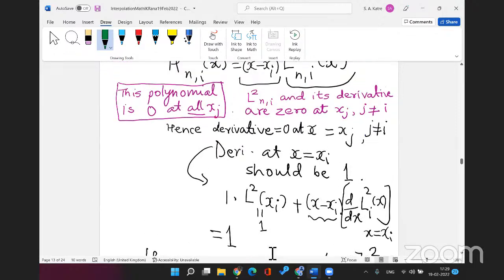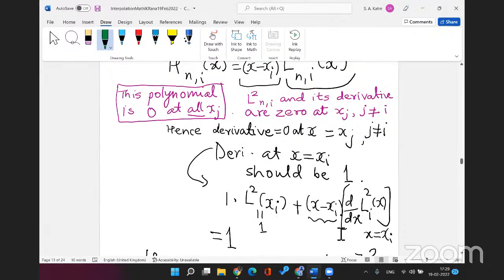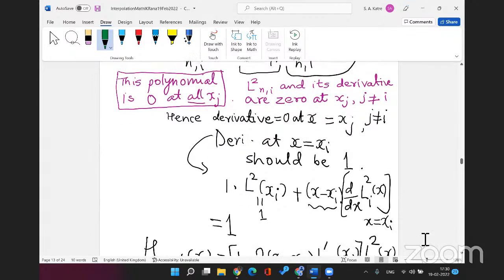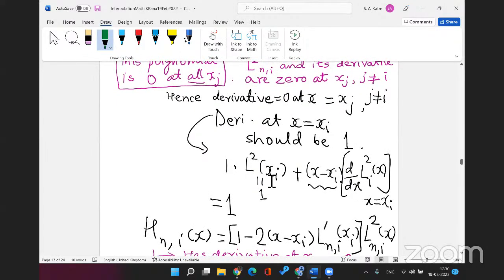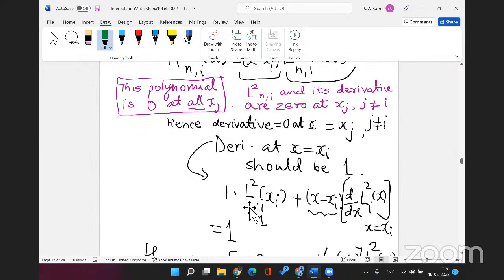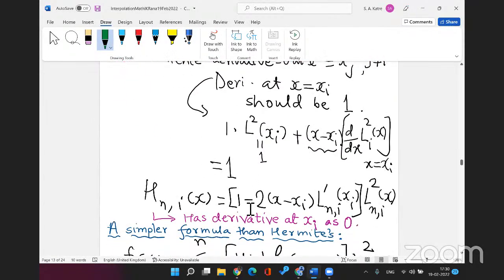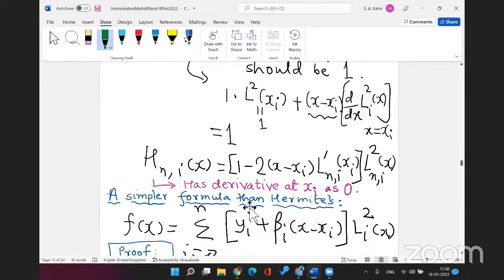Similarly, the first term x minus xi times the derivative of the second thing is 0 at xi because of the first factor. So the answer is the derivative is 1 at x equal to xi, and you can also see that the derivative is 0 at other points. And H_{n,i}, if you see, has derivative at xi equal to 0. It is just a manipulation, you can check that.